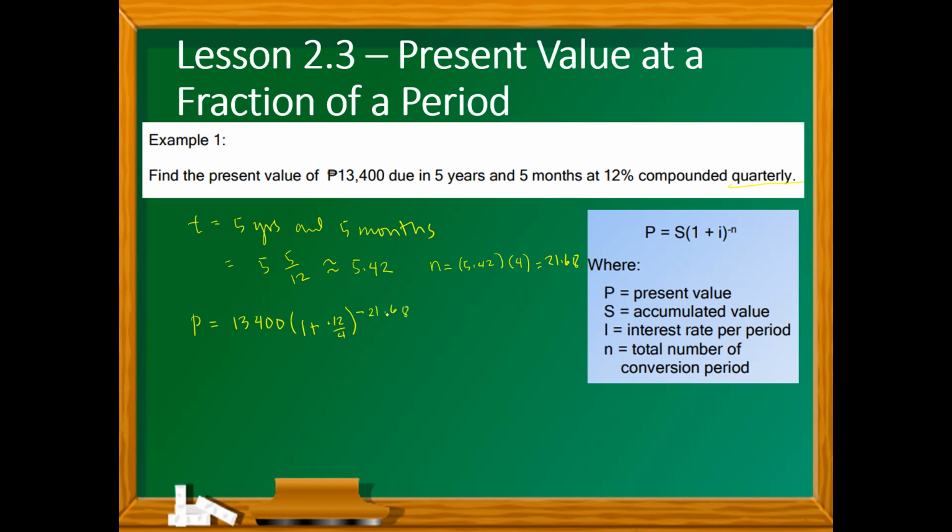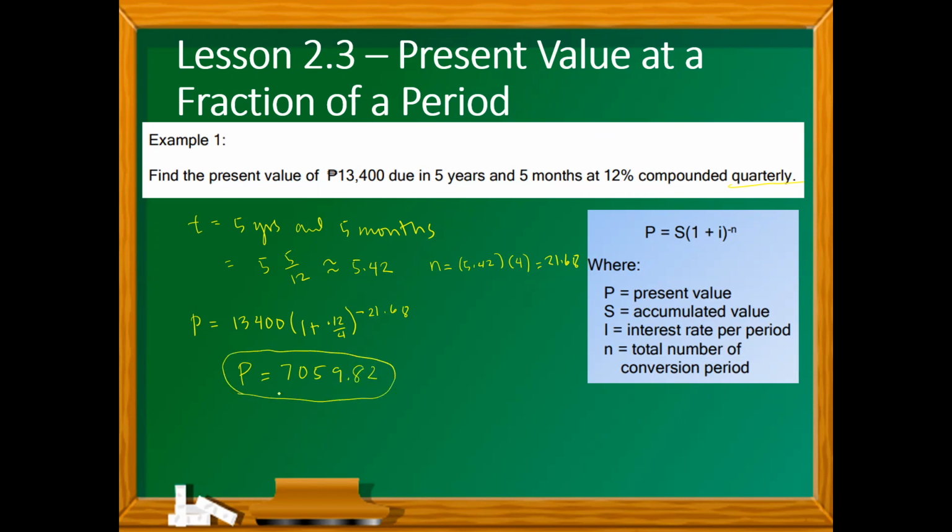Well, I must admit that the answer here is an approximate value. So using your calculator, you'll come up with P equals 7,059 and 82 cents.